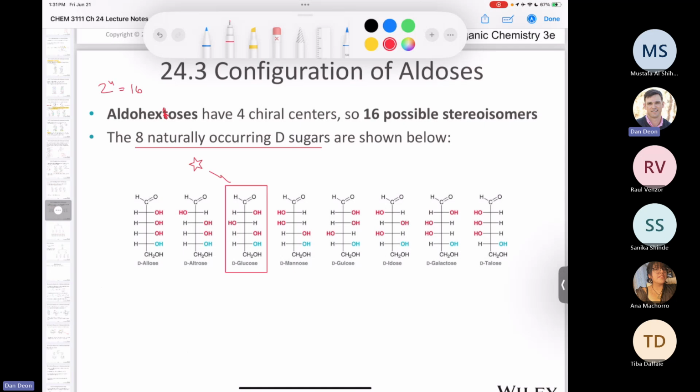Anyhow, why is D-glucose so important? Because it's the most abundant monosaccharide on Earth. So that's why we talk about D-glucose so darn much. Then we have mannose, gulose, idose, galactose, and talose.